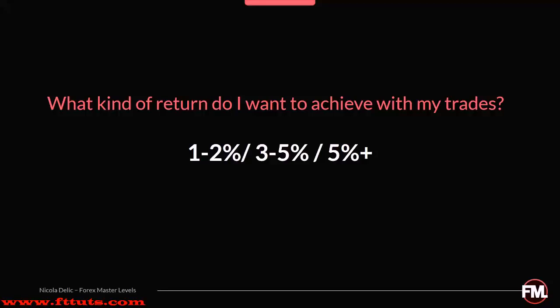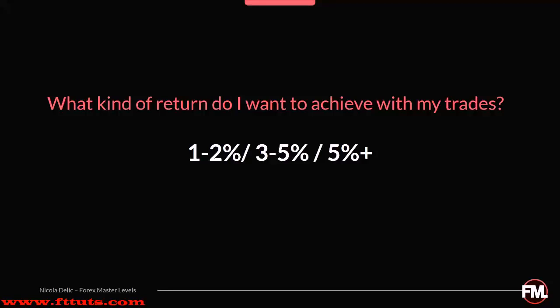If you want to get 3 to 5, automatically you should either double your risk or go with something like a 1 to 3, 1 to 4, 1 to 5 risk reward approach. And that can require a little bit of change of currencies that you are going to trade, and of course, the system that you are going to use.